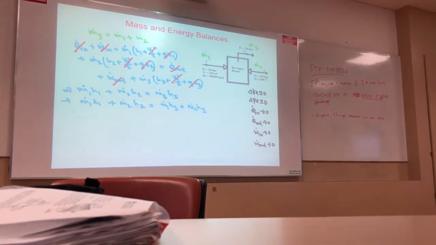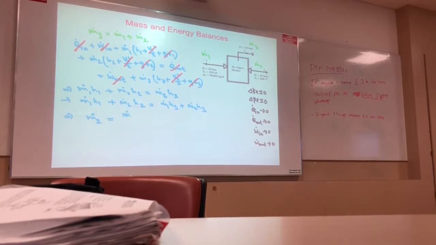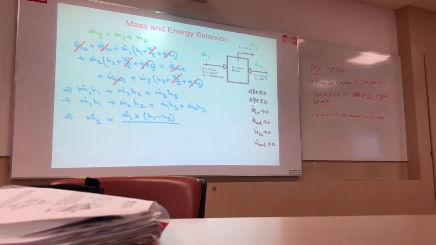I can write ṁ1 h1 plus ṁ2 h2 equals ṁ1 h3 plus ṁ2 h3, because ṁ3 becomes ṁ1 plus ṁ2. Then after that I can say ṁ2 becomes ṁ1 times (h1 minus h3) divided by (h3 minus h2).